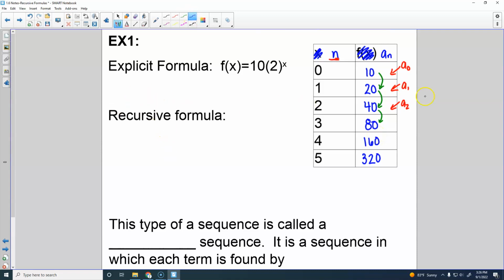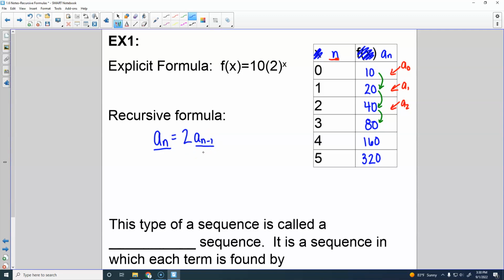So whenever we write our recursive formula, we're going to say that a sub n equals 2 times a sub n minus 1. What we see here is that this a sub n is going to represent the next term in the sequence, and this a sub n minus 1 is the previous term.